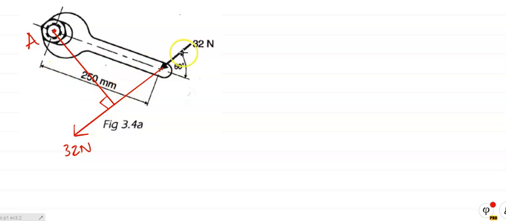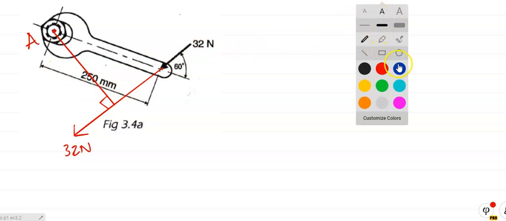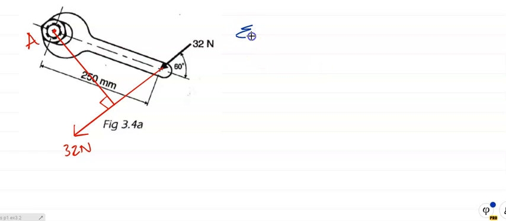Right, let's take moments about A. So the sum of the moments about A is equal to, there's the point of rotation. This force, even though it's acting this way, will have an effect about that point, so it's going to be positive. So it's plus 32 newtons multiplied by, not 0.25, but that little distance over there.